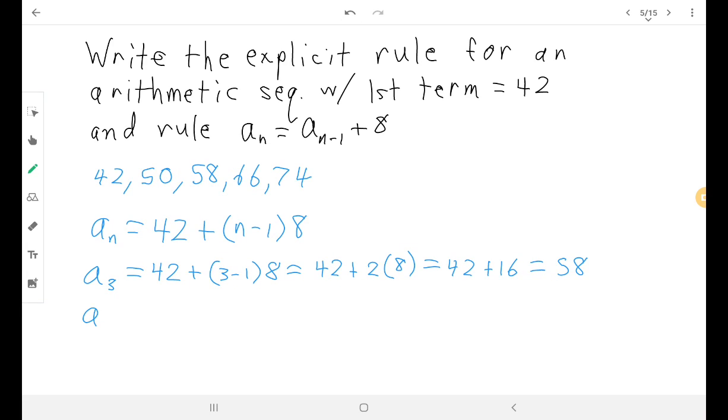Let's check the fifth one. Let's check the fifth term, just to make sure that this works. If two of them work, I think we'll be okay. But if you only check one, the problem tends to be that you can have a false positive result.